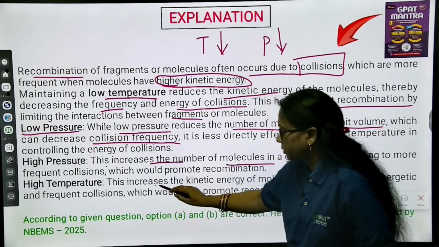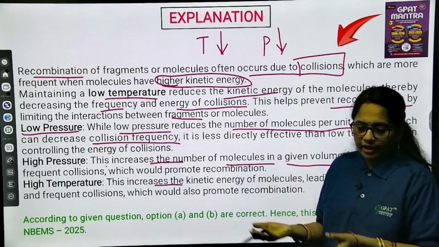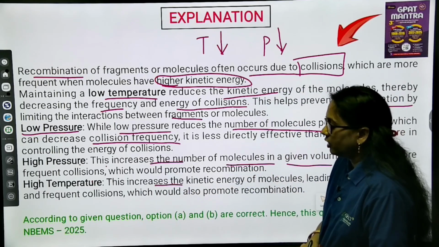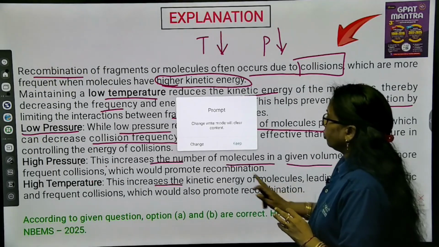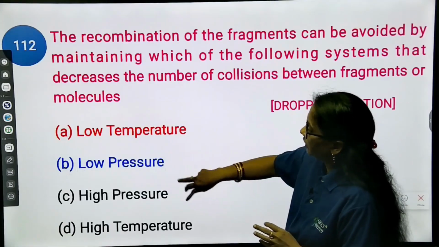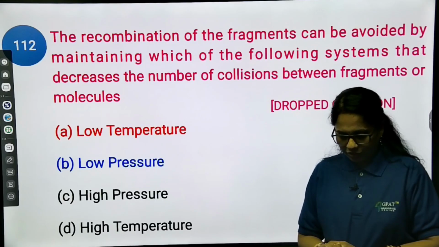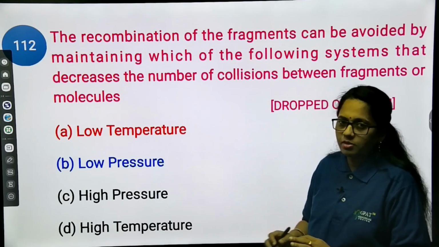High temperature also increases the kinetic energy of the molecules, so the collisions definitely increase. That's why in the given question, they have given low temperature as well as low pressure. Both these options are correct.